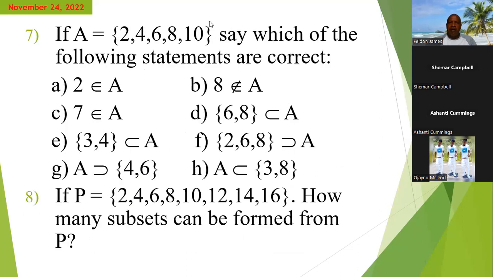Moving along. Here we are at question 7. If A is the set {2, 4, 6, 8, 10}, say which of the following statements are correct. A: 2 ∈ A. Do you remember what this symbol means? What is this symbol again, students? An element, sir. All right, so 2 is an element of A, or you can use 2 is a member of.